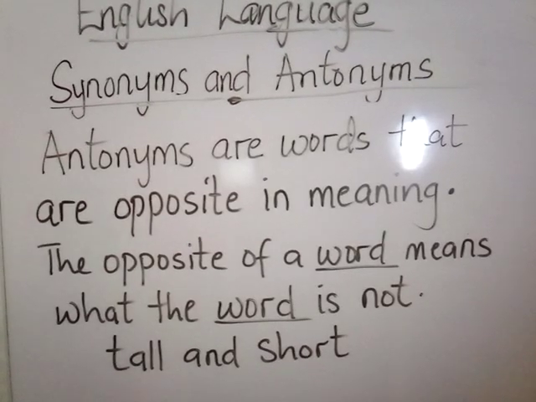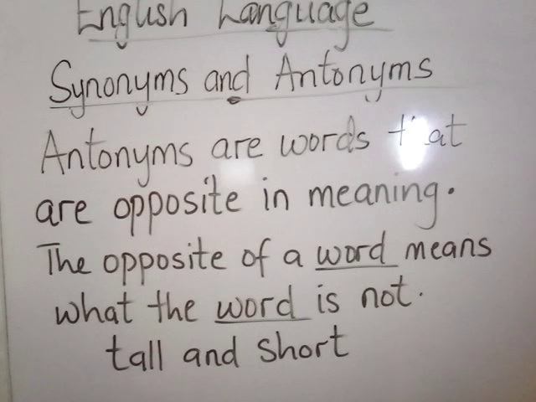So antonyms, what are antonyms? These are words that are opposite in meaning. The antonym of a word is the word that means the opposite of the other word. Okay, it means what the other word is not.